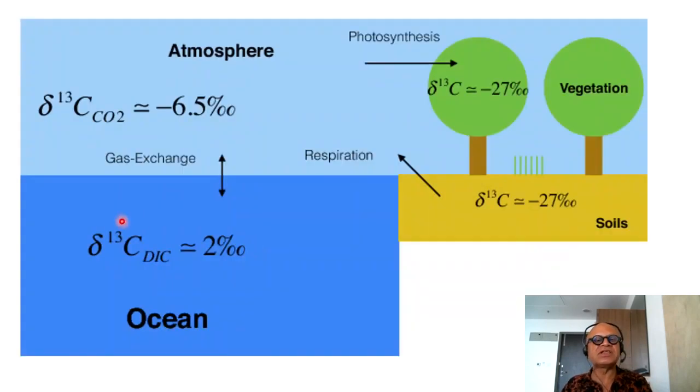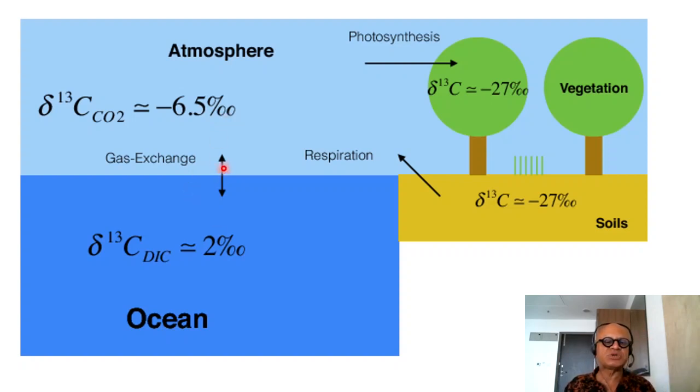So here is an indicator of atmospheric delta C13 of CO2, which is depleted by about 6.5 parts per thousand. So 1 zero on each side is a percentage, whereas if you add another zero, it's parts per thousand, so it's a smaller amount.